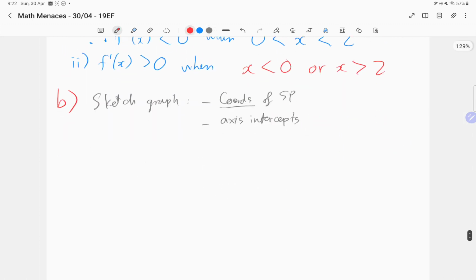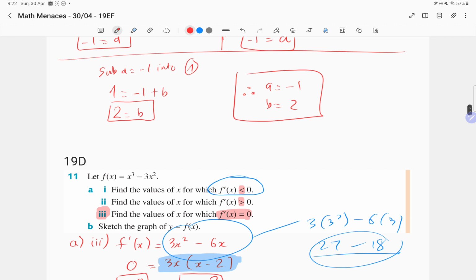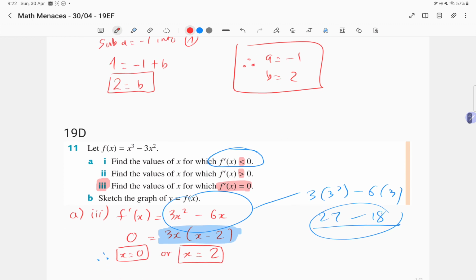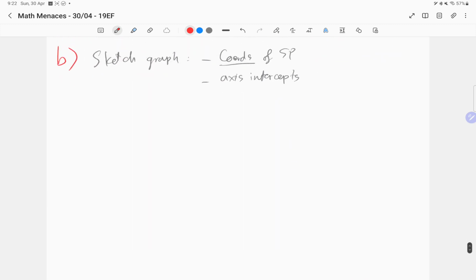How do I find the x-intercept though? Because when I substitute in 0, I get x cubed minus 3x squared. Do I factorize? Yes. So I'll rewrite here, f(x) is x cubed minus 3x squared. To find the coordinates of the stationary points, just sub the x value in.